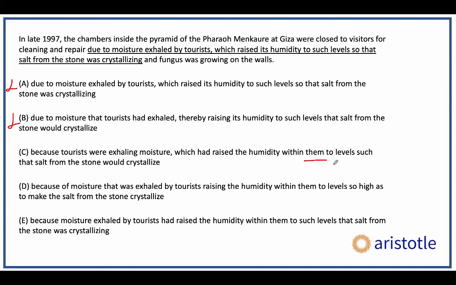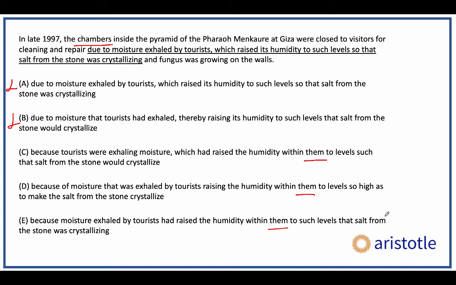It looked terrible to me because it looked like them is referring to tourists, whereas it is actually referring to the chambers. But it looks so ambiguous, so I immediately looked at the other choices to check if one of them replaces them with a noun, and I noticed that them is there in both the other remaining choices. You can't help it. So then I basically ignore it, even though it looks absolutely incorrect to me.